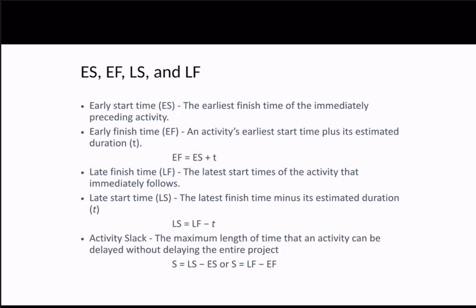And similarly, the LS and LF, which mean the late start time and late finish time, are the latest times that the activities can start and finish without any delay. So when we calculate these four numbers, we can make detailed schedules for each activity.